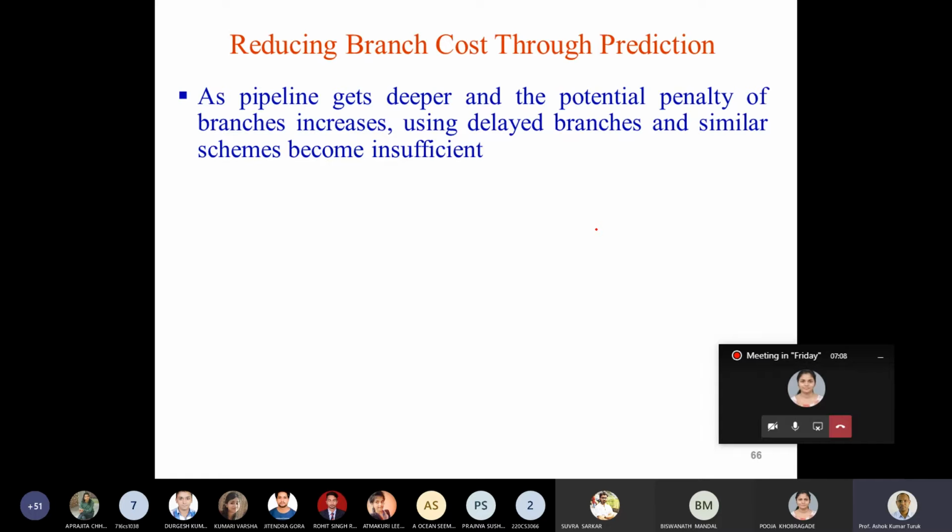In a processor that has a deeper pipeline, the penalty that you pay for resolving the branch may become too critical. So as the pipeline gets deeper, the potential penalty of the branch increases.